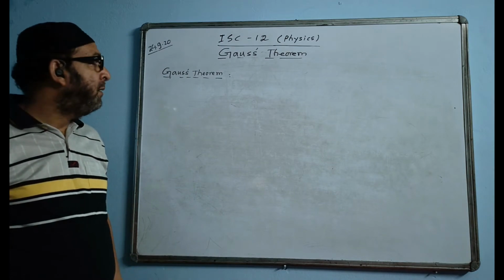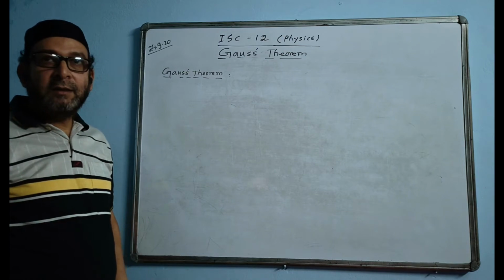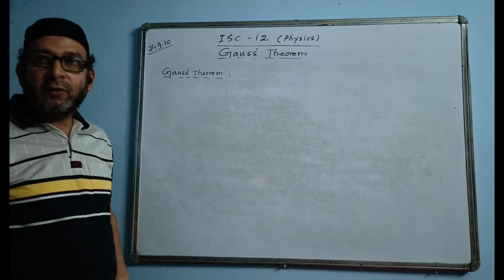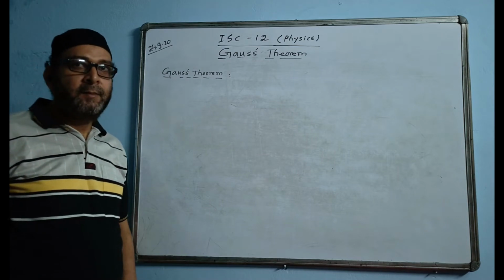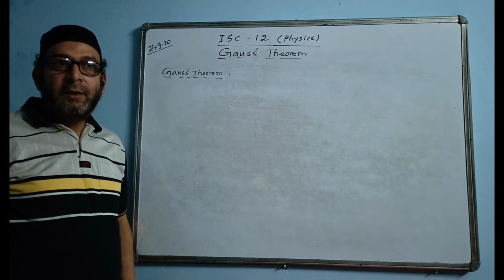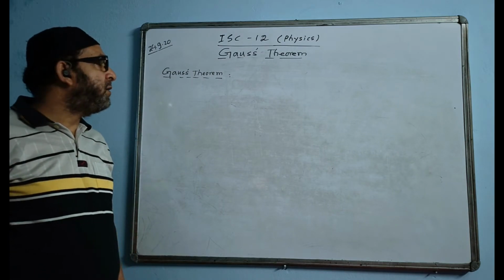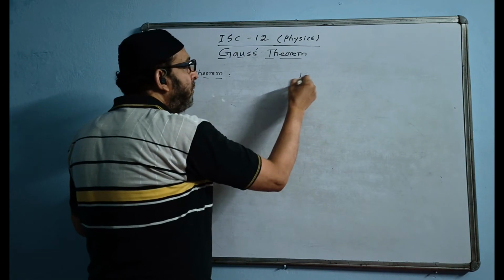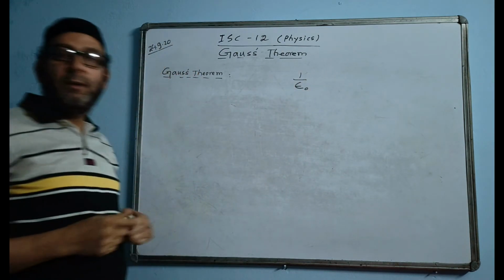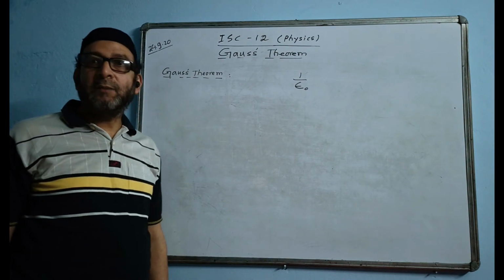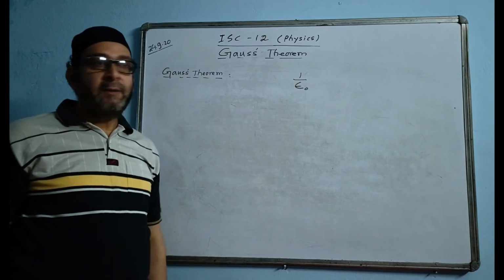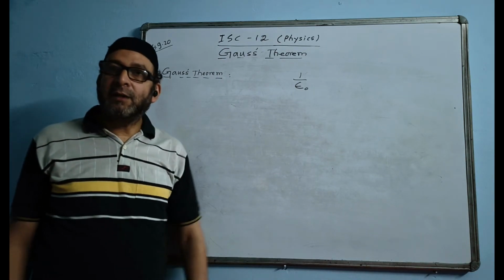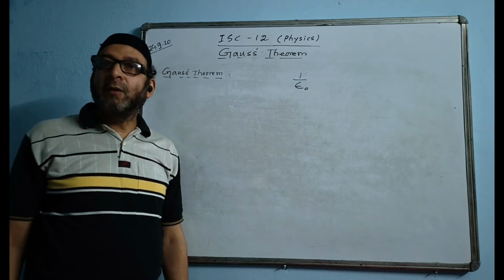It states that the net flux of a closed surface is equal to 1 by epsilon naught times the net charge enclosed by the surface.